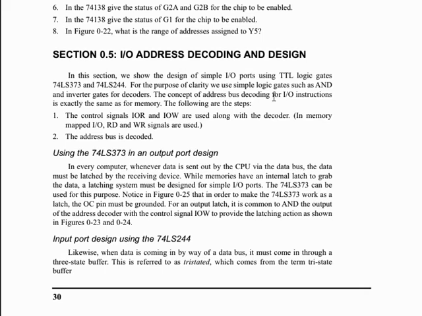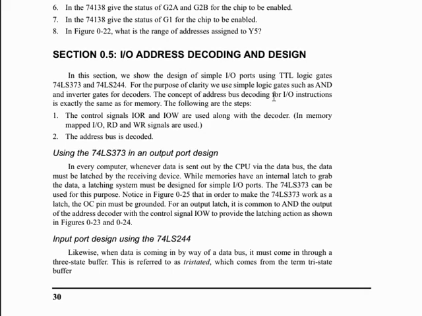It is latching the data. The 74LS373 is used to latch the data sent by the CPU via the data bus. The OC pin must be grounded to make the 74LS373 work as a latch. In the latching section, the output of the address decoder is ANDed with the control signal low.